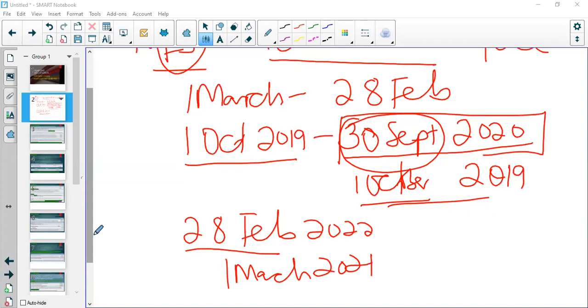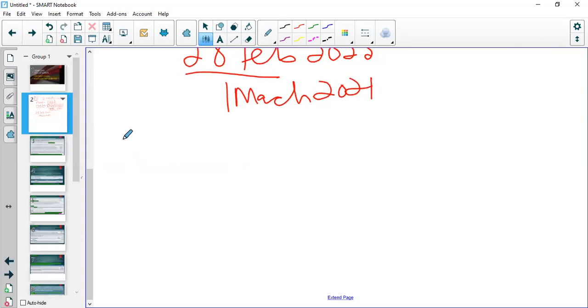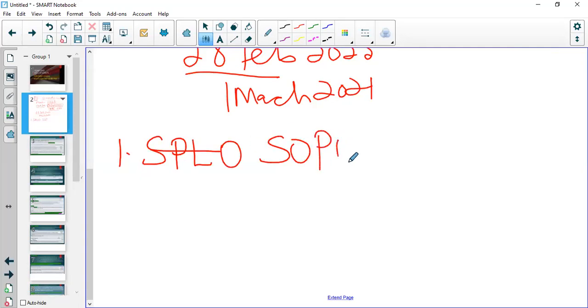The second aspect is when we report, remember we have 4 financial statements. In this discussion, we're going to focus on the statement of profit or loss and other comprehensive income. You can give it that acronym.